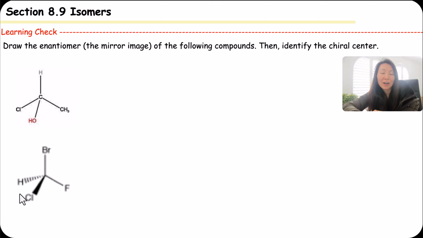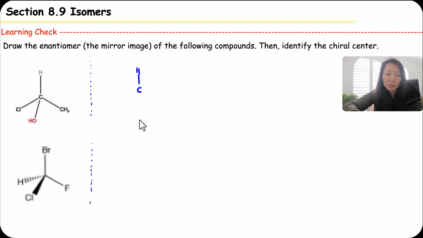Here it says draw the enantiomer, the mirror image of the compounds, then identify the chiral center. So if I were to draw a mirror image, I'm going to put a mirror below. Let me do the first one and then you try the second one. I'm going to have a carbon in the middle and H facing each other.